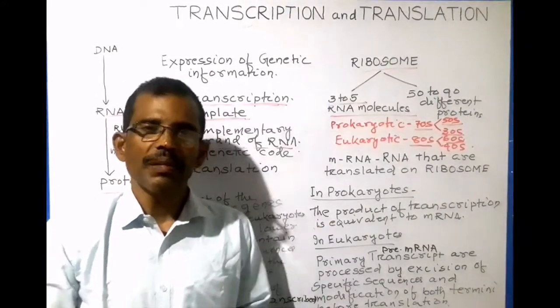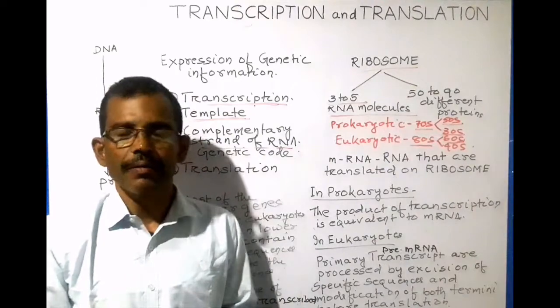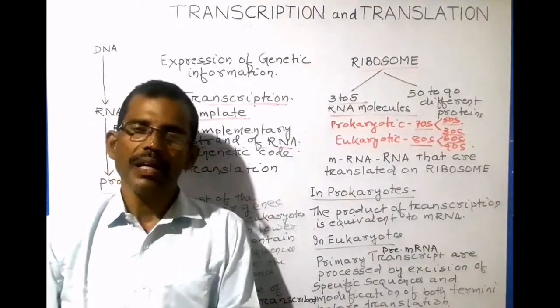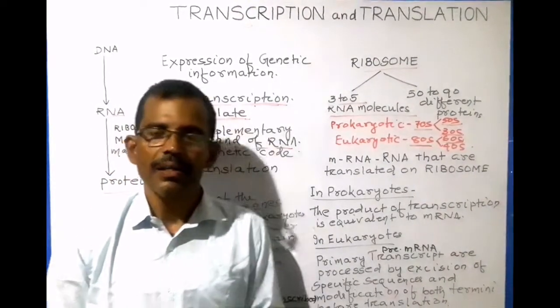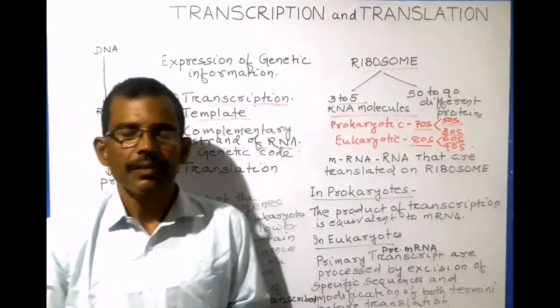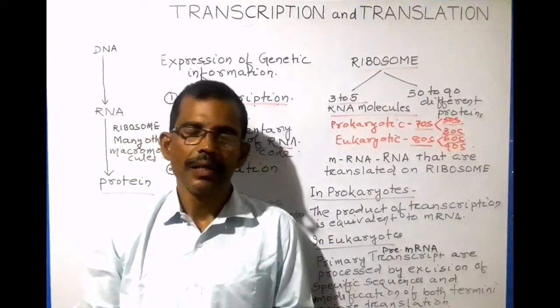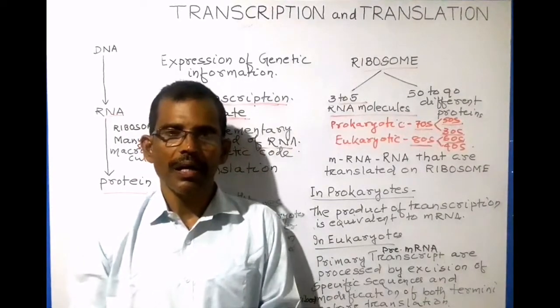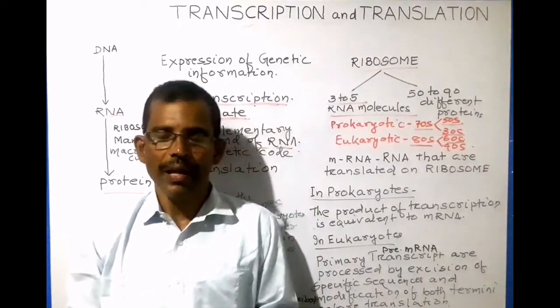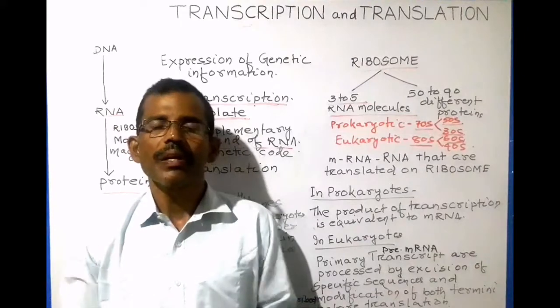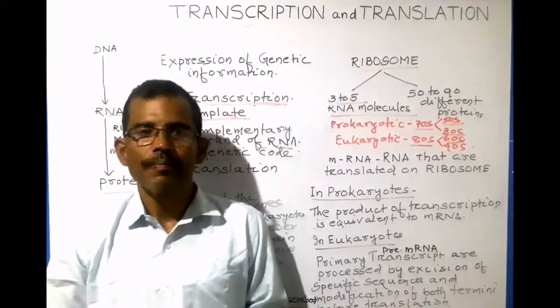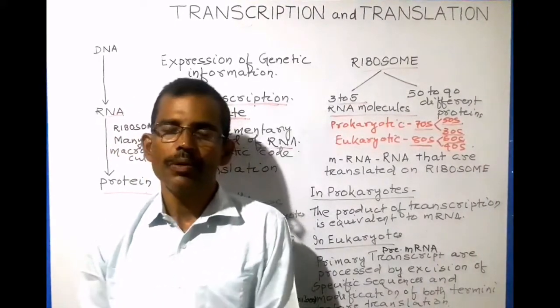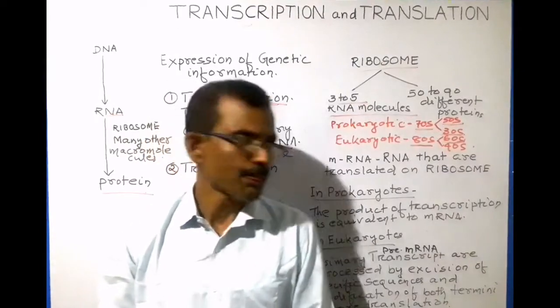There are 5 different classes of RNA. These 5 different classes of RNA are messenger RNA, ribosomal RNA, transfer RNA, small nuclear RNA and microRNA. These 5 different classes of RNA are essential in the process of gene expression.